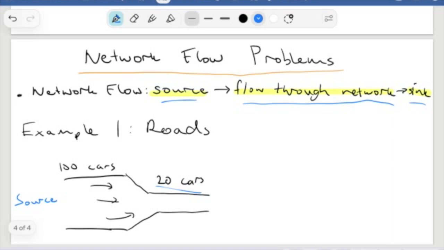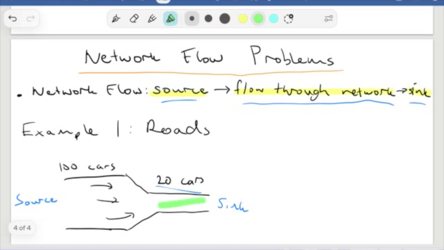Now, this is going to be our sink. This is basically where we're going to say our network ends. And we are considering basically what the maximum flow of cars is through this network at any given point in time. Now, if we were to cut off from here and just looked at the left side, we would say, sure, our maximum flow is 100 cars. But the whole network, these 2 sections here, our maximum flow throughout the entire network is limited by this bottleneck.